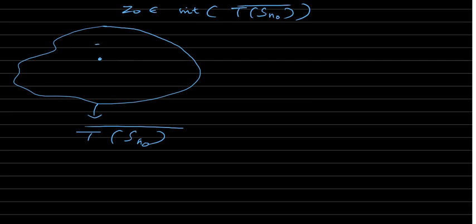This is Z naught, so I can find some sphere with radius r, with center at Z naught.